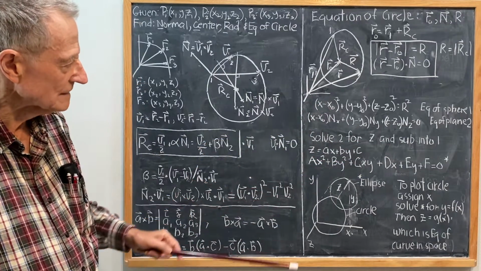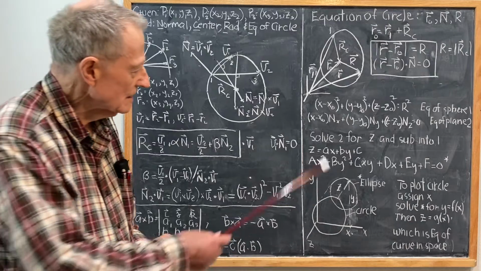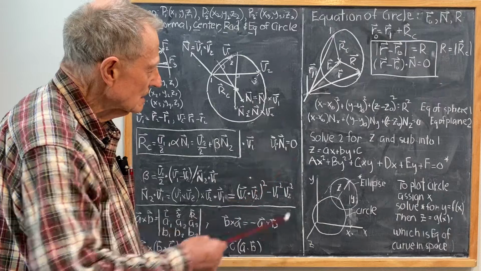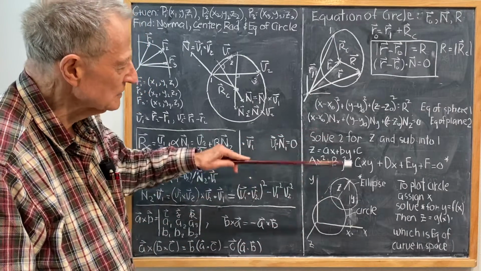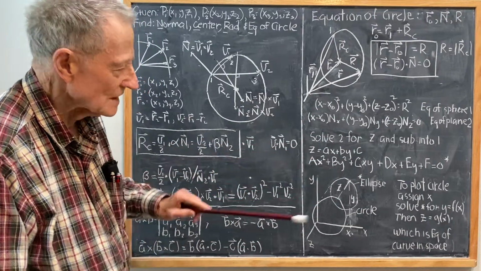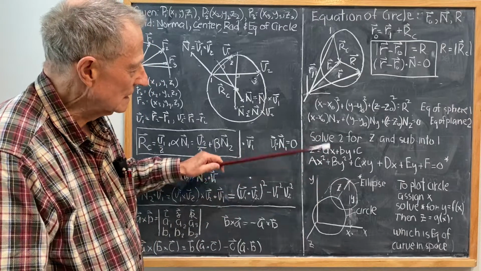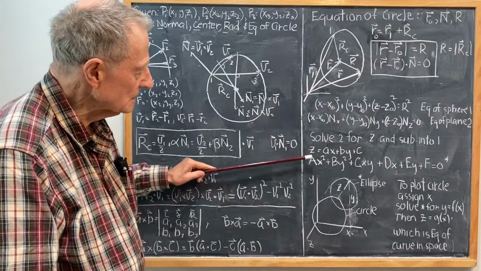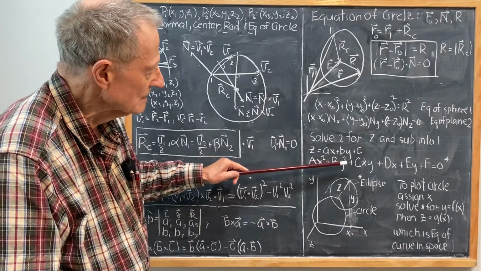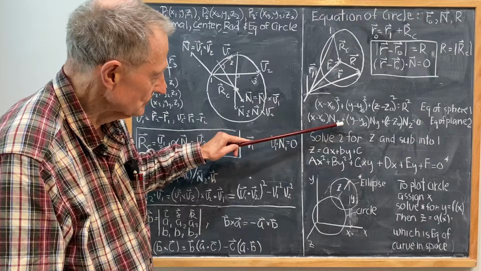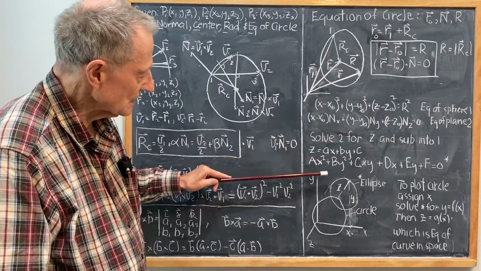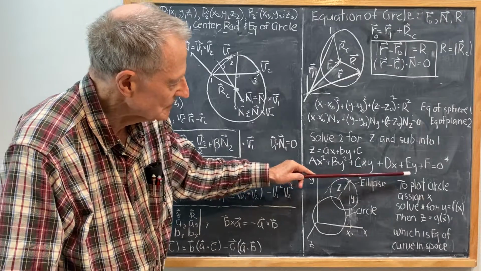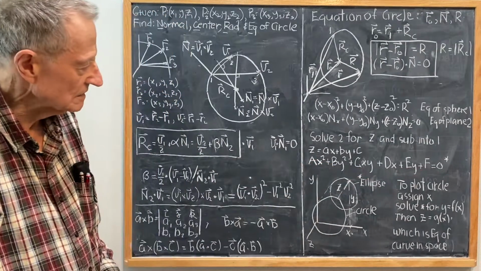Before I do that, I'm going to write this out in the more familiar form: z is equal to ax plus by plus c. And this equation becomes ax squared plus by squared plus cxy plus dx plus ey plus f is equal to 0.